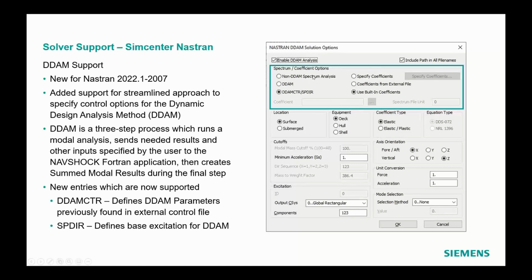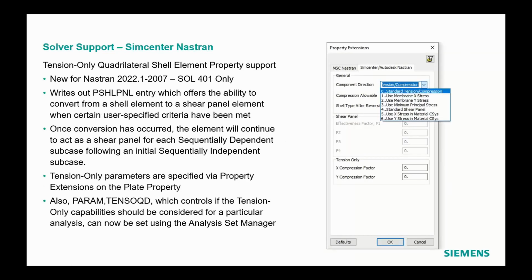And then they've also added some new entries that you can define within Femap rather than in an external control file. And then if you have ever used tension-only quadrilateral shell elements in Nastran, you can now specify those in Femap to be written out to Nastran.